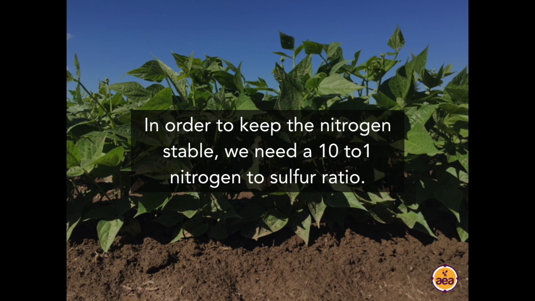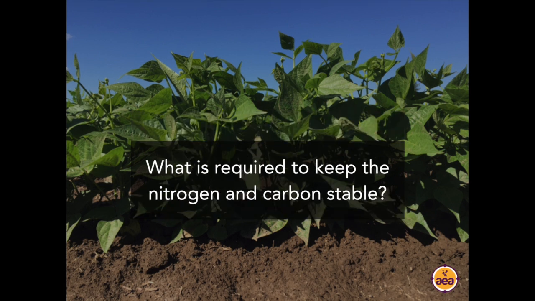If we have 3,000 pounds of carbon that requires 100 pounds of nitrogen to remain stable, that means that to keep the 100 pounds of nitrogen stable, we need at least 10 pounds of sulfur in the soil profile. The key descriptive term I've been using in these sentences is stable. What is required to keep the carbon stable? What is required to keep the nitrogen stable?